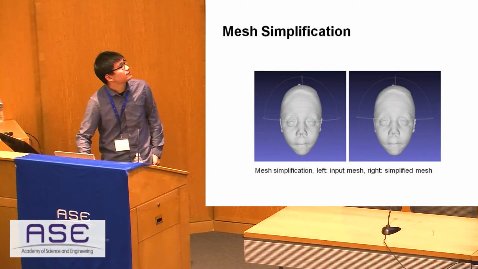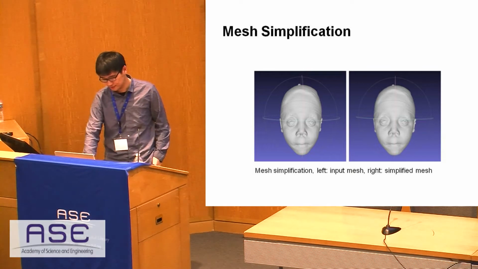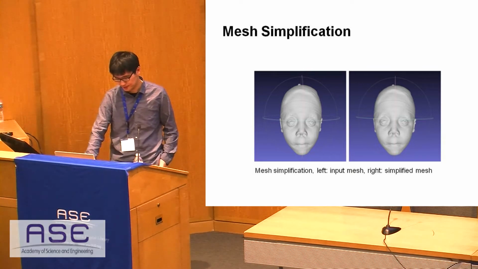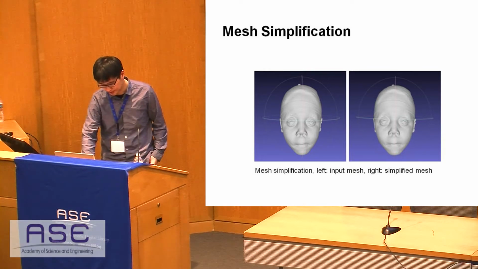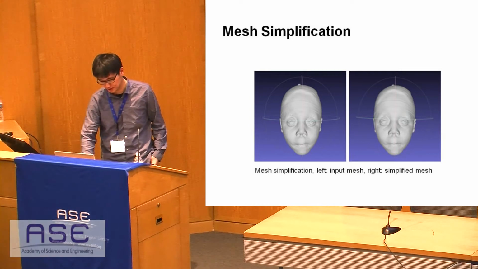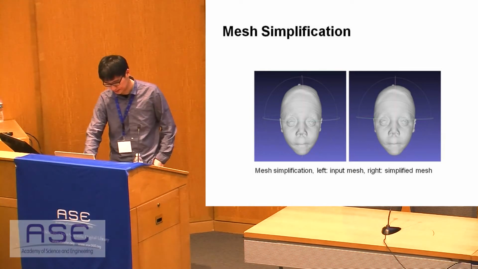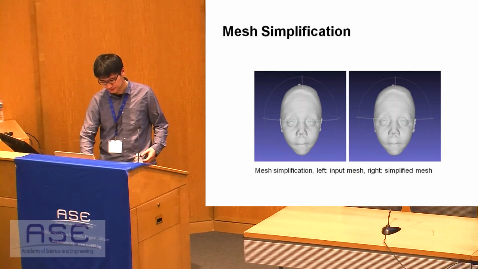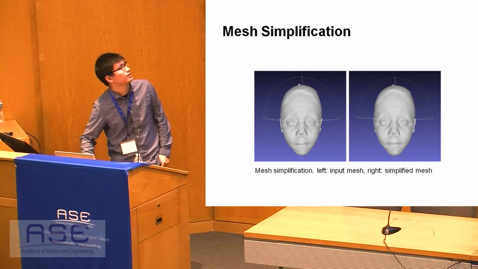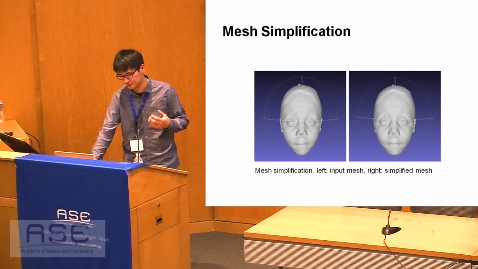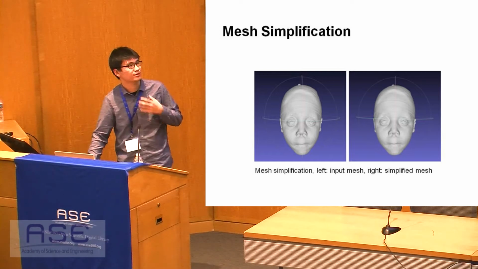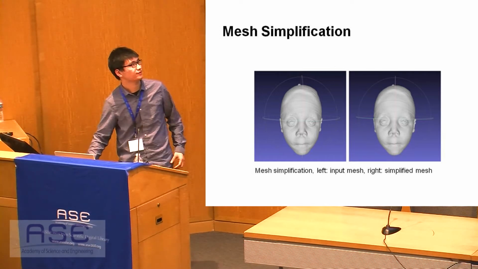And now this is the result of mesh simplification. The left side is the input mesh, while the right side is the output surface. This illustrates that the mesh simplification method still keeps the shape of the surface quite well.